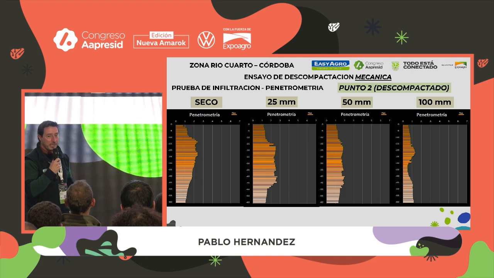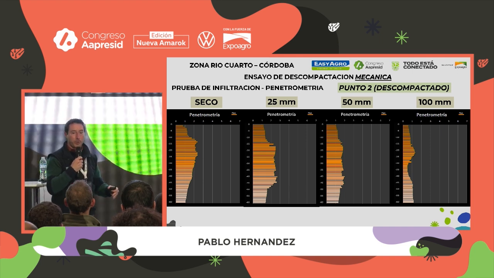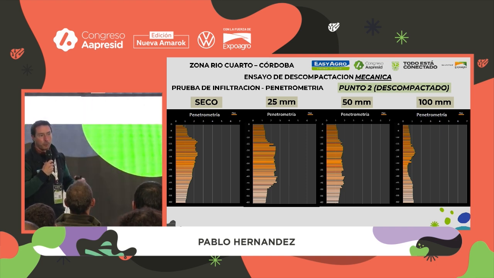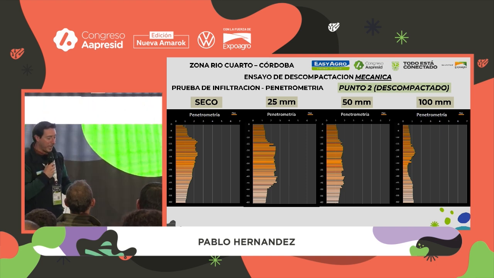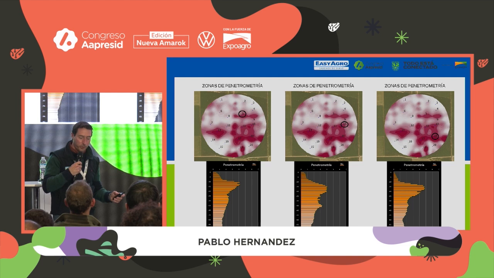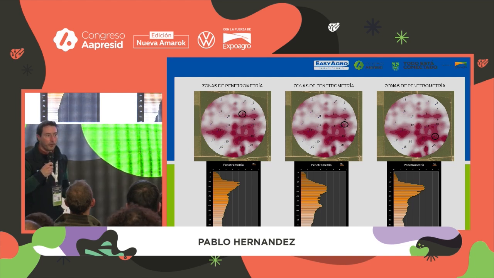So vertical plowing or vertical tillage rendered good results in this season. The idea is to continue evaluating this in the future to see how it performs after 2, 3, or 4 years with vertical plowing.